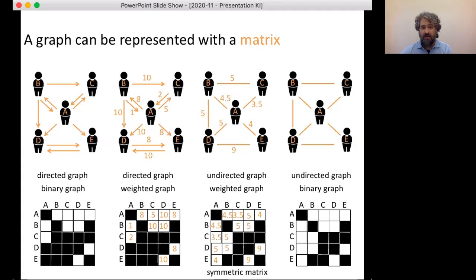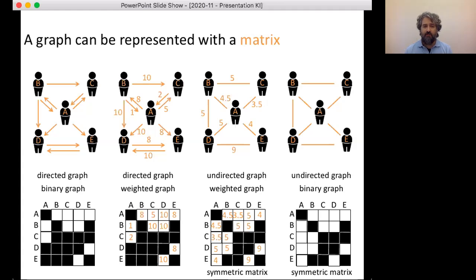And finally, we can have the undirected binary version, in which we just disregard the weights. So we have a matrix where the cells are either 0, the black cells, or 1, the white cells. So also in this case it's symmetric, because this is also an undirected graph.